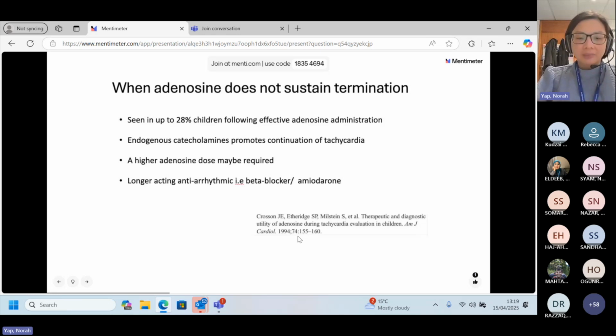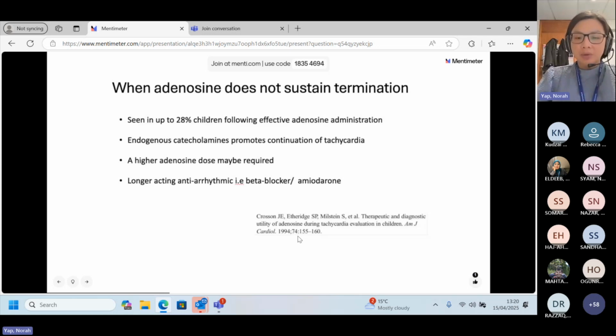Then if the patient is still hemodynamically stable, you can give them a dose of oral beta blocker. Obviously, if the child is a bit more compromised and you want something a bit stronger, then you can give IV amiodarone, and then see whether it stops the tachycardia.